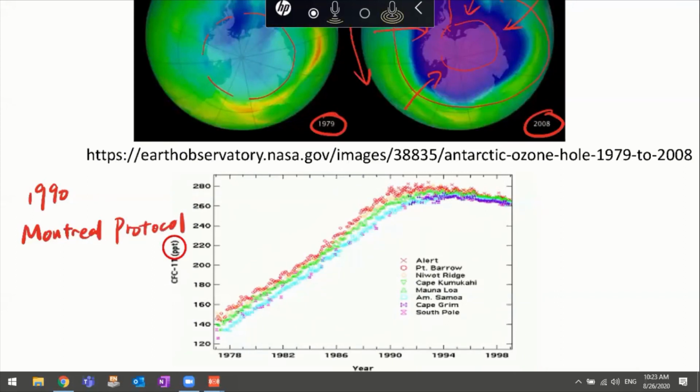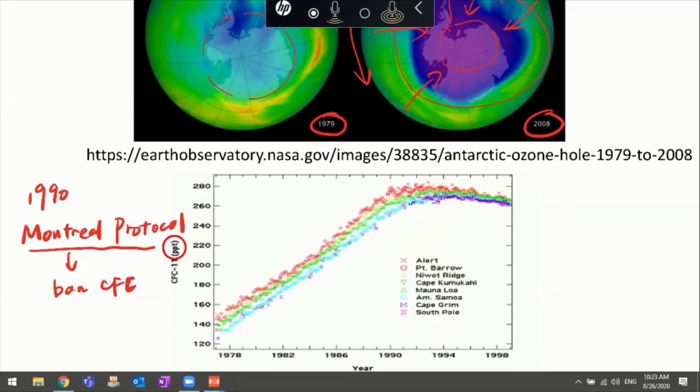What the Montreal Protocol is trying to do is ban the CFC. So all countries over the world cannot use these species as refrigerants anymore. You just cannot manufacture them, right?